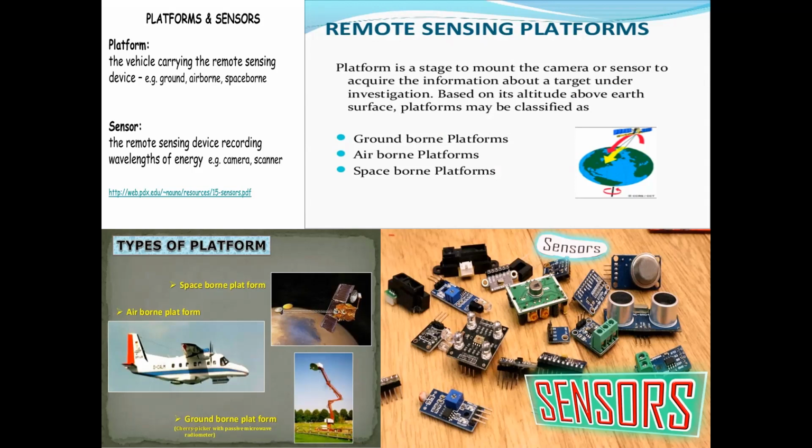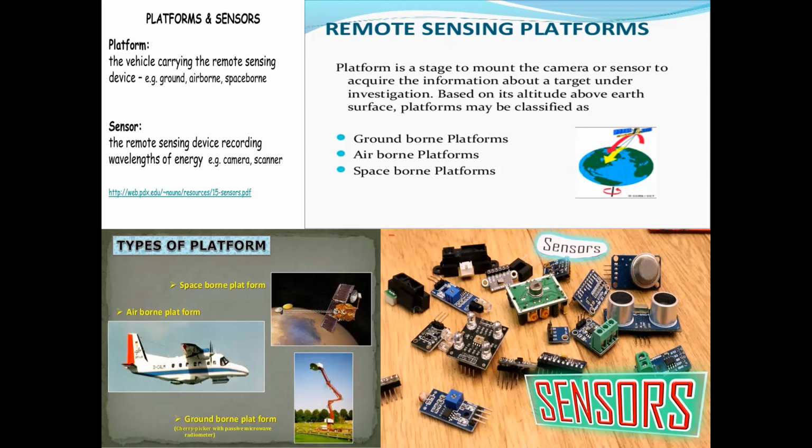What is a platform? The vehicle carrying the remote sensing device. Example: ground, airborne, spaceborne. That is the platform, the operating vehicle carrying a remote sensing device, just like three types of vehicles.